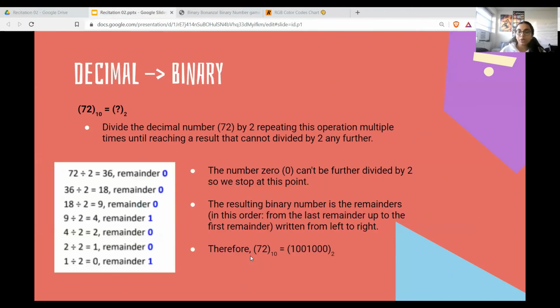Then for converting decimal to binary, the decimal number is divided by 2 until we get the quotient as 0, because after that we won't be able to divide. Whenever we divide, we will keep track of all the remainders that we generate. And then finally, we will read the remainders from the bottom to the top, but write it from left to right.